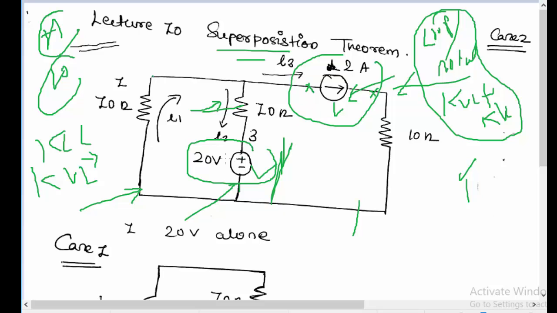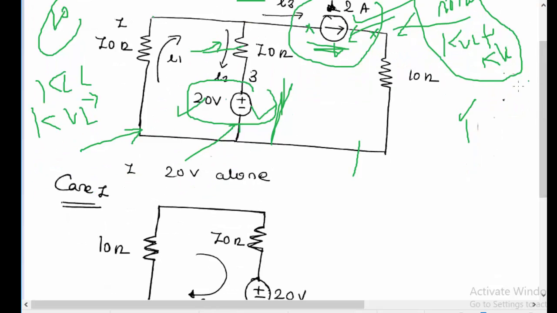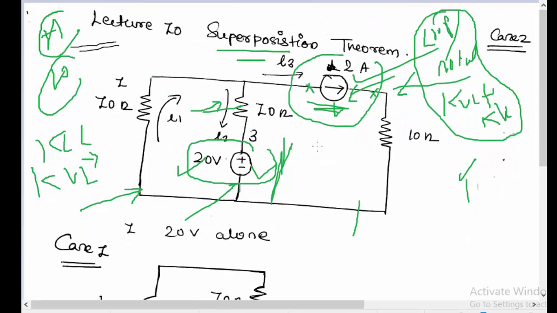While we are considering the voltage source, we will open circuit the current source and find I2 by only considering this voltage source in the circuit, and then only considering the current source we will find I2. So the circuit will become simplified, as this part will be omitted, and this part will be short circuited during the second case.